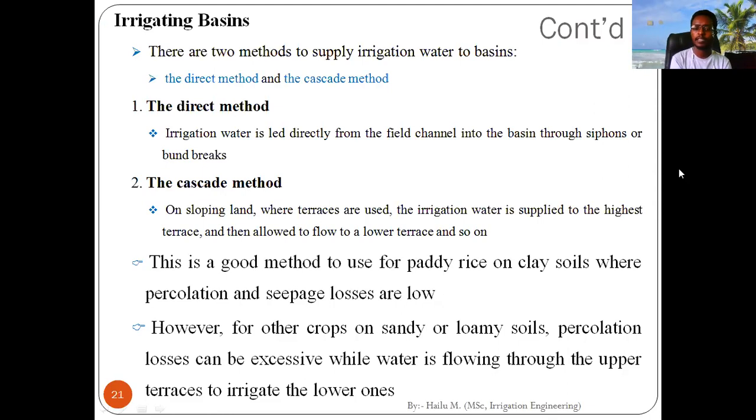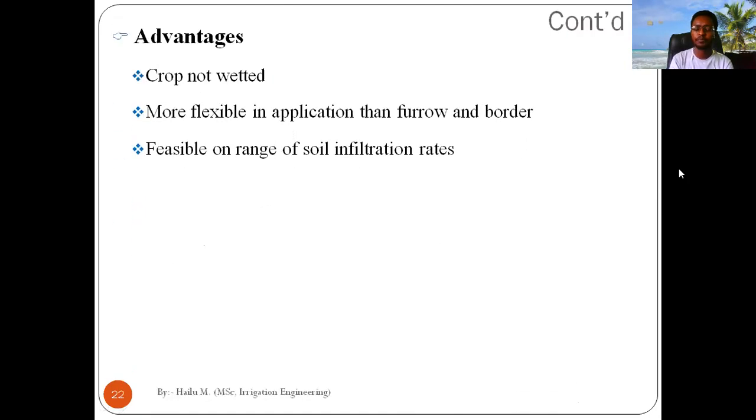In the cascade method, on sloping land where terraces are used, the irrigation water is supplied to the highest terrace and then allowed to flow to a lower terrace and so on.